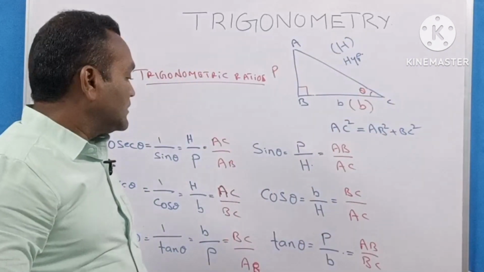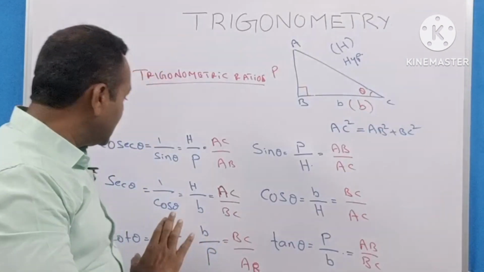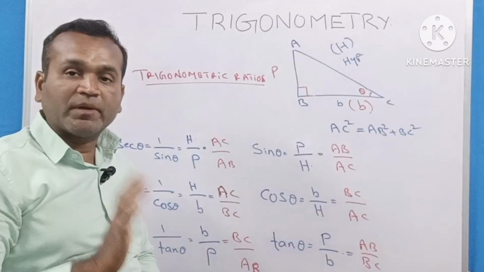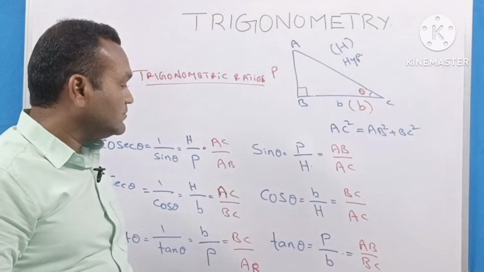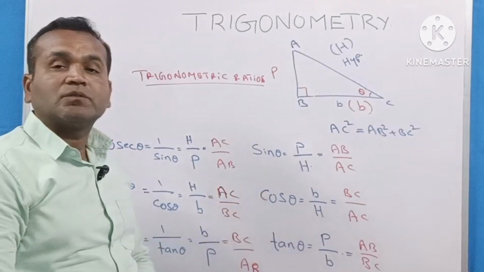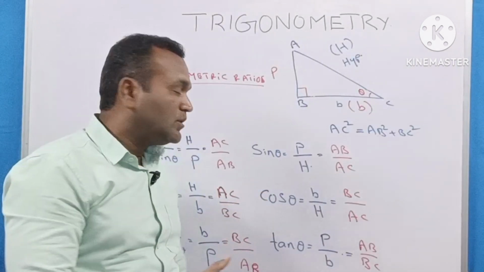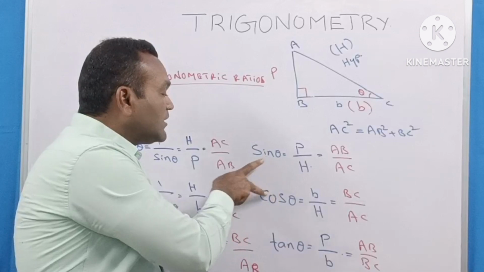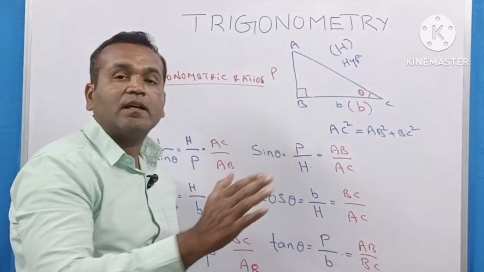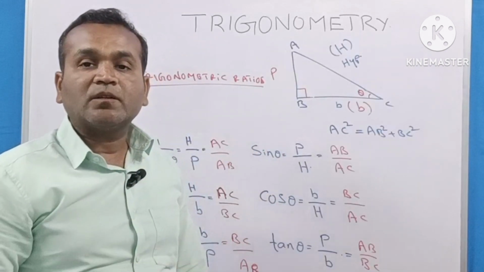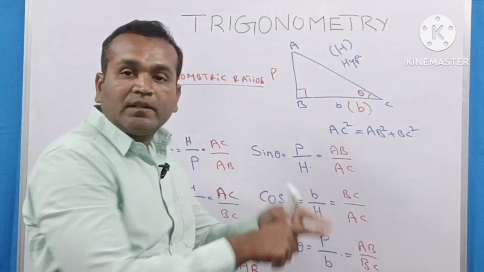Okay guys, so these are the only formulas you need to remember. Mainly you need to remember only the first two, sine and cos. If you remember sine and cos, from these two you can get tan.